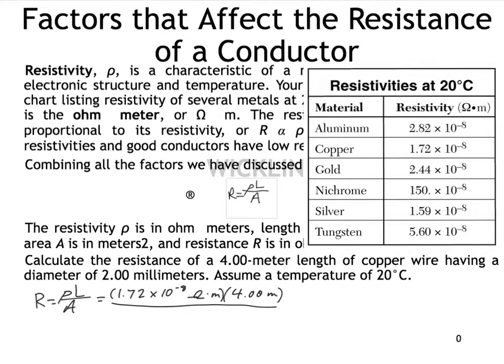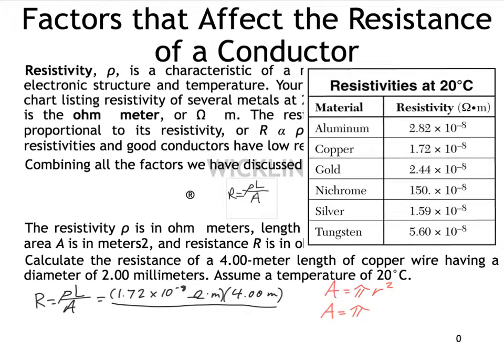So check out this equation. Area is pi r squared, and we'll use the pi button on our calculators in a second, but the radius would be 1 millimeter, and we need to convert the 1 millimeter into meters. A millimeter is 1,000th of a meter, and you can also find that on the front page of your reference table.